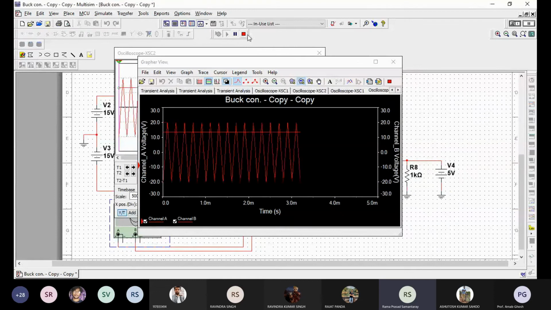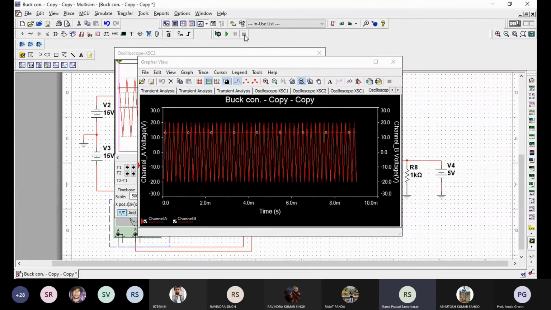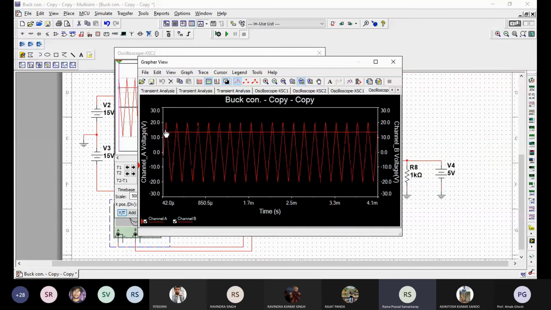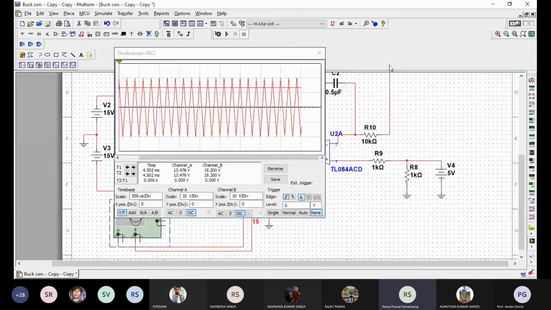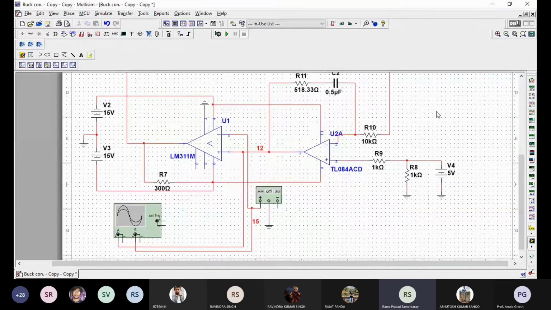Manually you can see the waveforms. Okay. You can do whichever method is convenient for you. I have done using both methods.